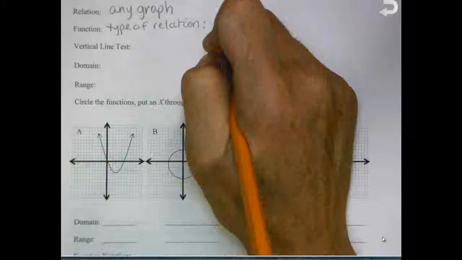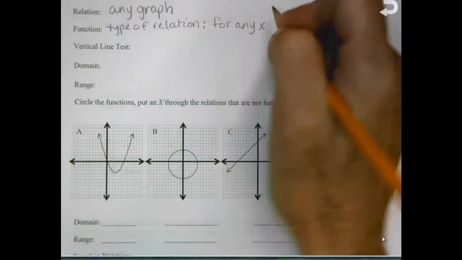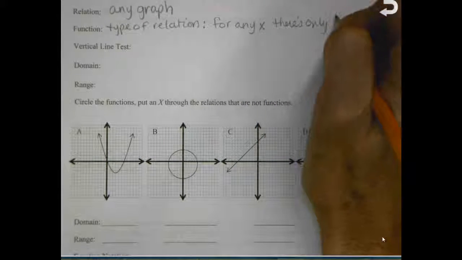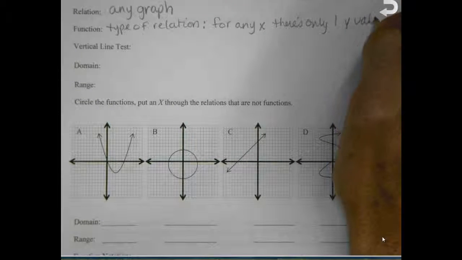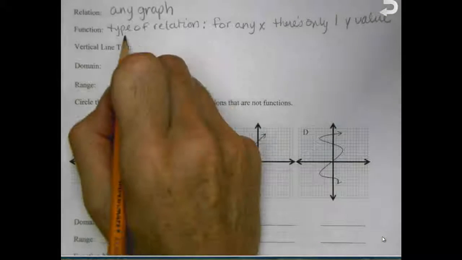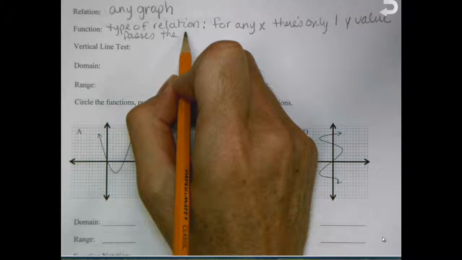And for any x, there's only one y value. And that's what's special about it. And the other thing is that, because of this, it passes the vertical line test.